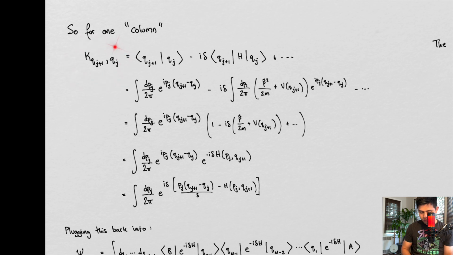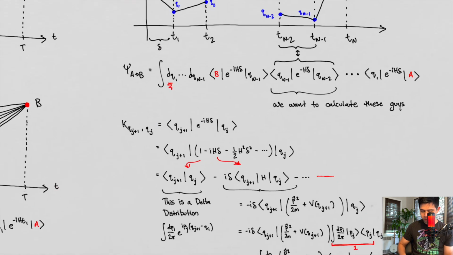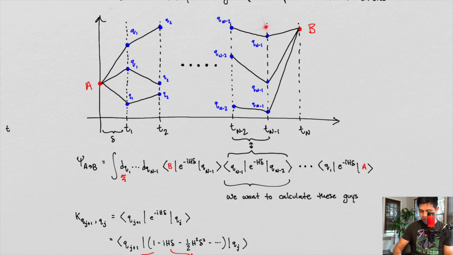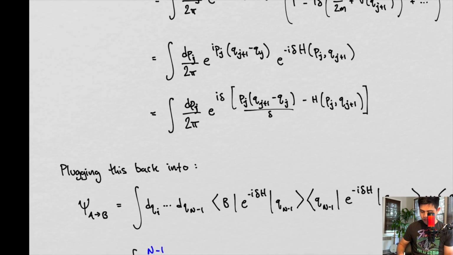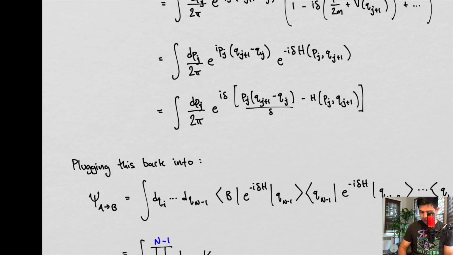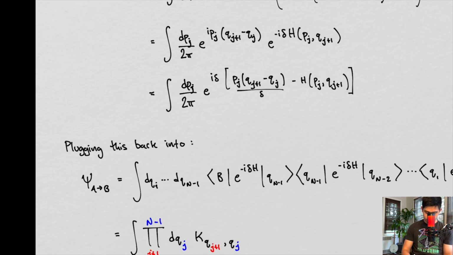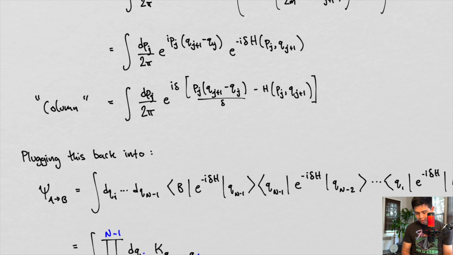So this is for one column. If we go back to our original picture, for one column here, we get this exponential equation. So I'll just write that: column equals that exponential equation. When we look at this summation, because of the completeness relationship, we had to introduce canonical momentum values.